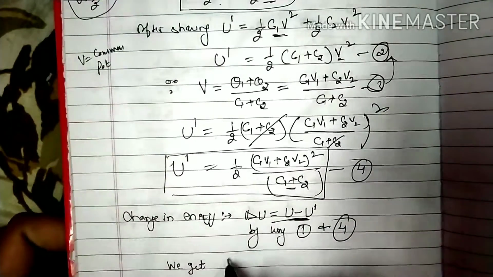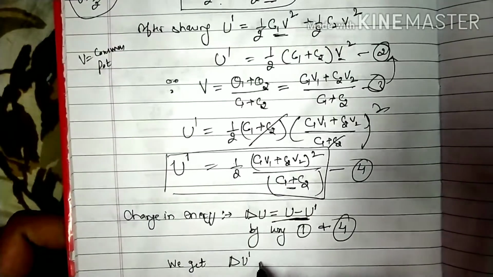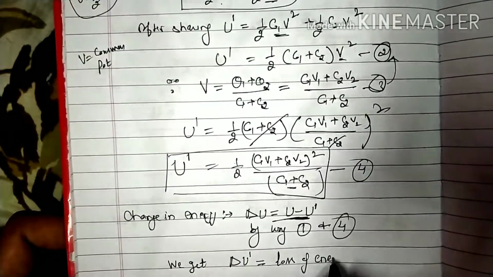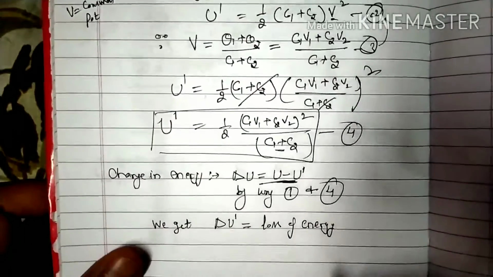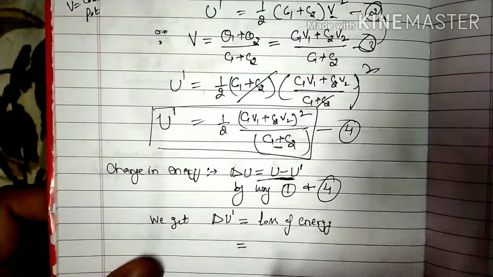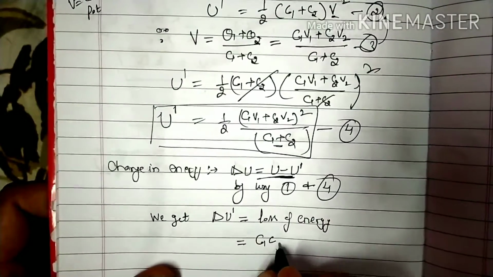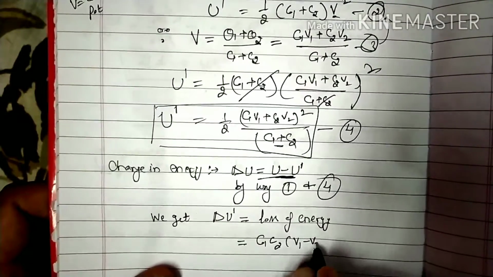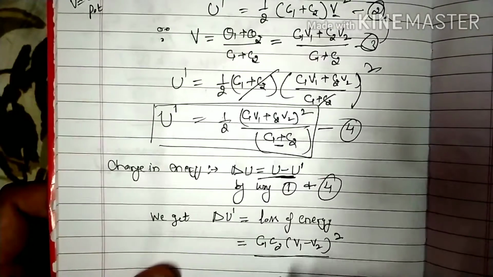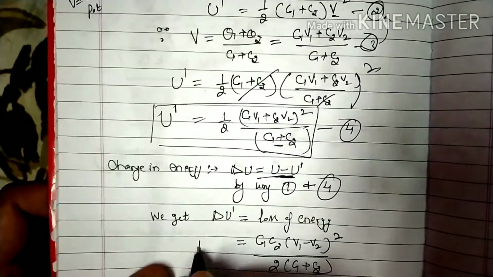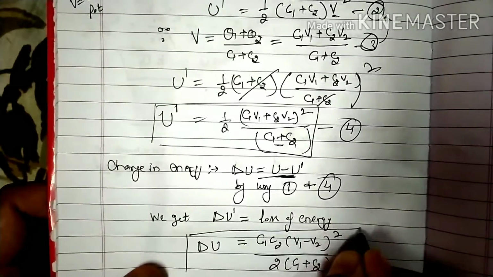We will get change in energy, or we can say loss of energy. This change in energy is also the loss of energy, and that comes to be C1 C2 V1 minus V2 whole square divided by 2 C1 plus C2. You have to remember this formula.